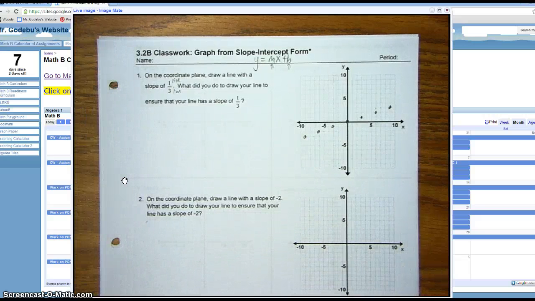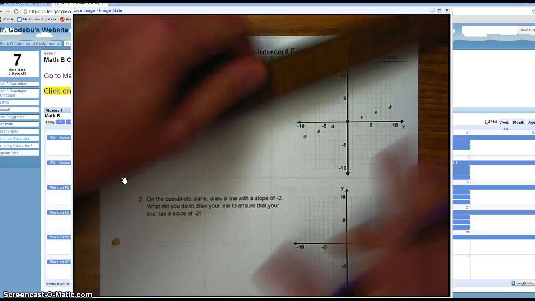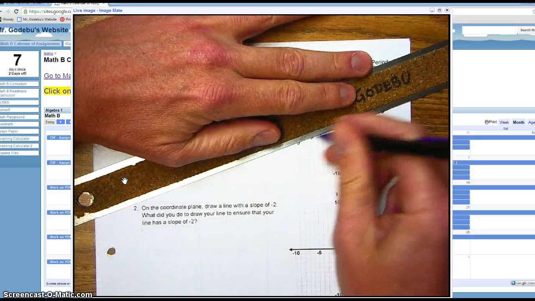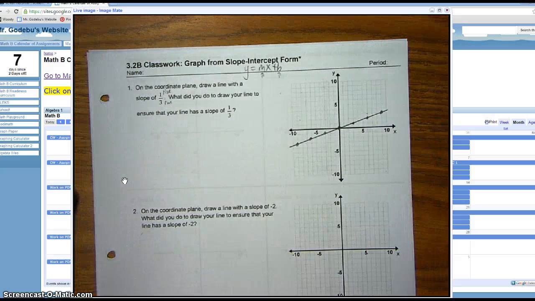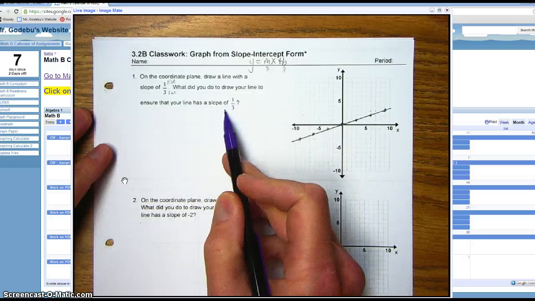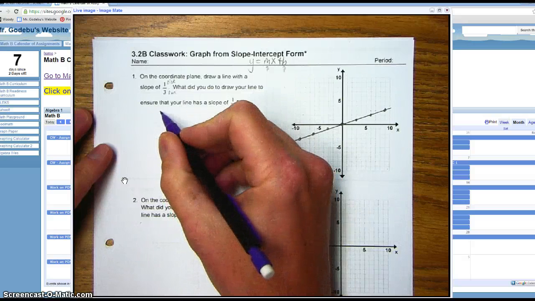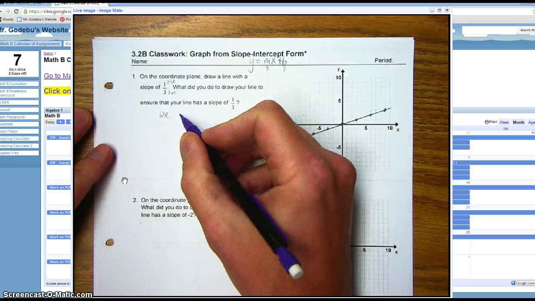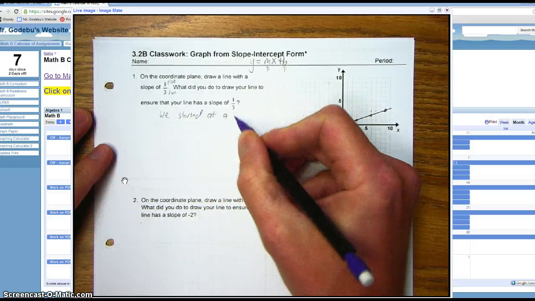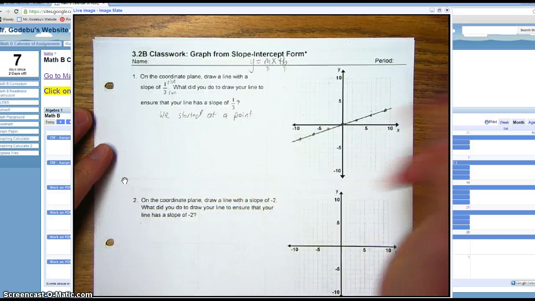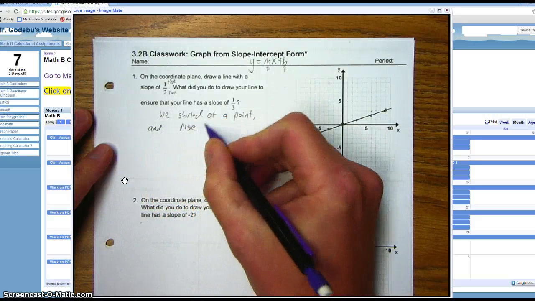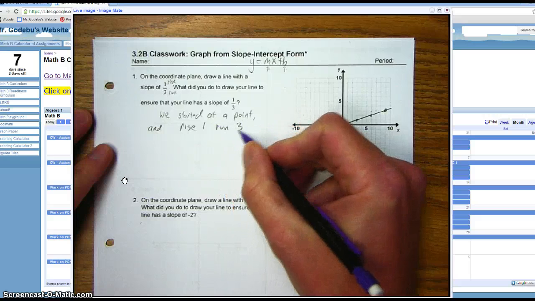Now if I was to connect those dots with a ruler, like you guys should do when you ever draw a line, I end up with a slope of 1/3. Let's answer the question. What did you do to draw your line to ensure that your slope has a line of 1/3? Well, we started at a point, doesn't matter where on this question, and rise 1, run 3.